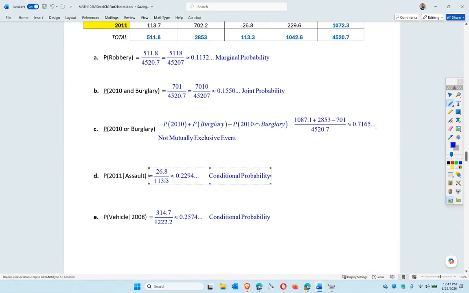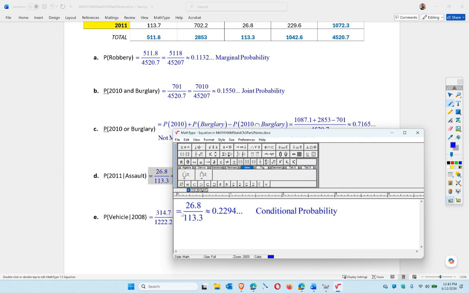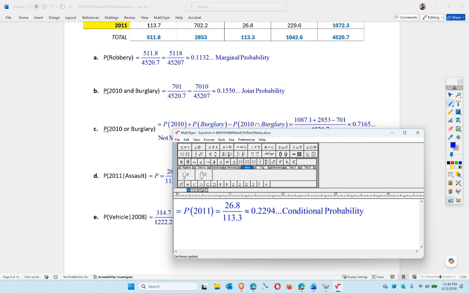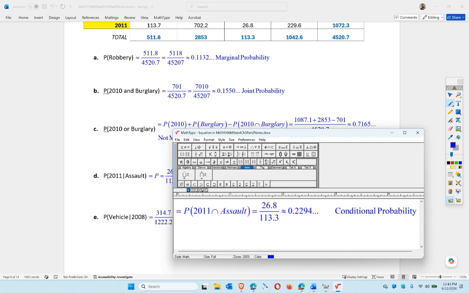And again, with these ones here, we can write them out, right? So we can do equals and go over to here. So this is the probability of 2011 and assault, right? Over the fraction of the probability of assault, right? And let's copy that. And let's copy this.